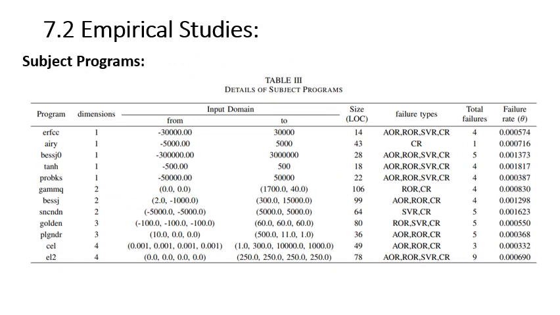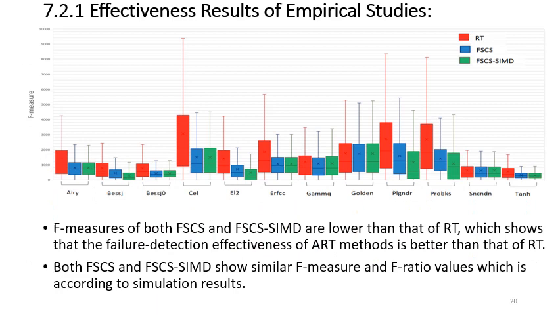Empirical studies are conducted on 12 real-life programs whose details are given in this table. In terms of effectiveness, we have tested these programs using RT, which is random testing, FSCS and FSCS-SIMD. We can see that the F-measure of RT is always more than the F-measure of FSCS and FSCS-SIMD.